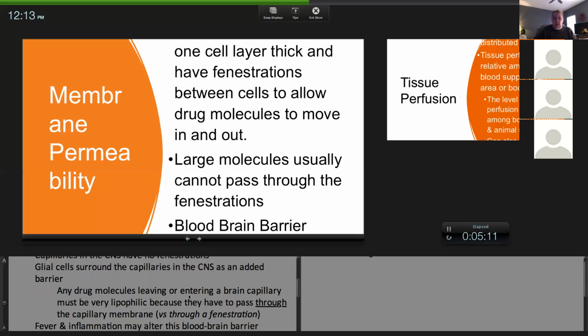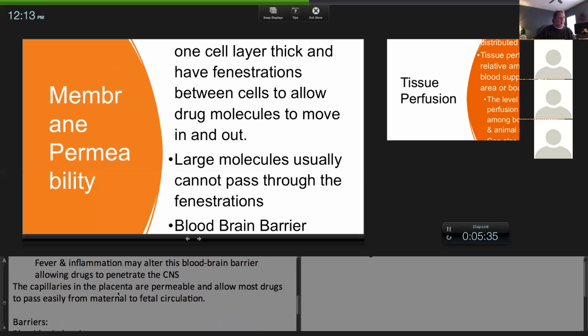Propofol is an anesthetic that's highly lipophilic. It's designed that way to get through that barrier to make it to the brain. So that's a way to take a drug and make it lipophilic so that it can penetrate the blood-brain barrier.